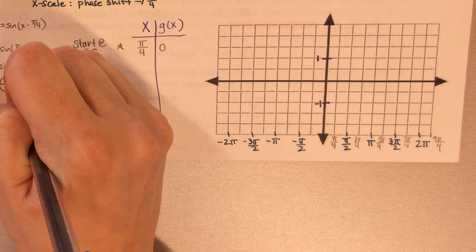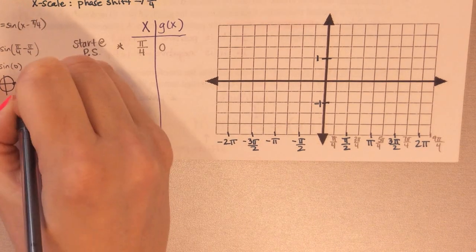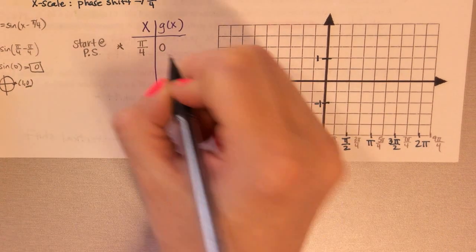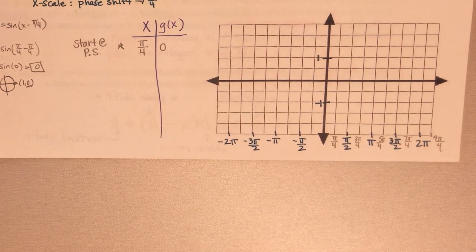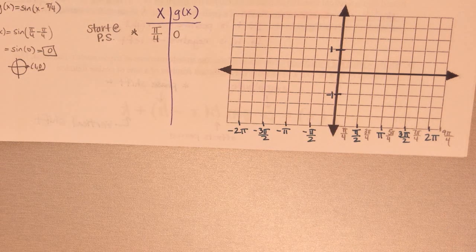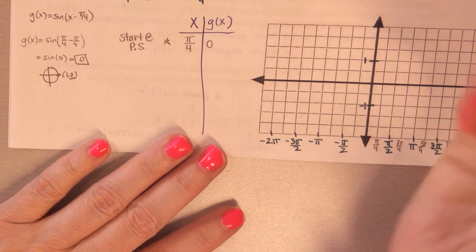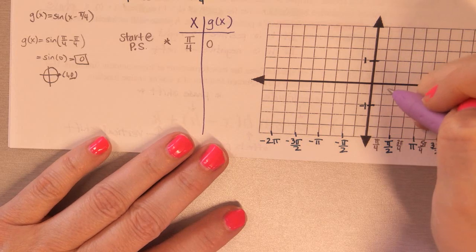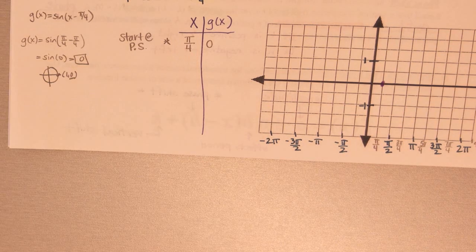On the unit circle, right? 1, 0. So my y coordinate at 0 is 0. Yay. So when you're starting at your phase shift, that is where your first point is going to go. Okay, and then we can put our first point on there. It's pi over 4, 0.